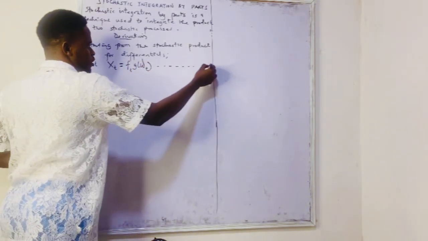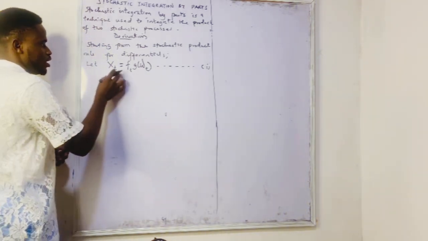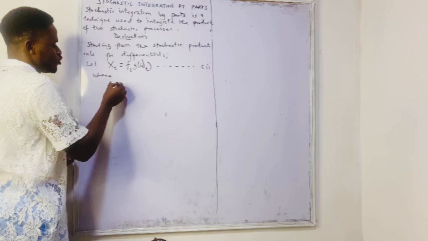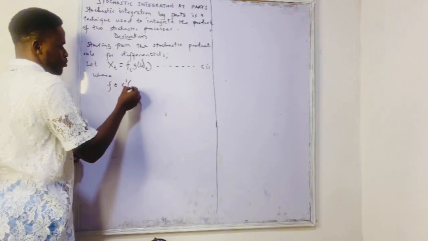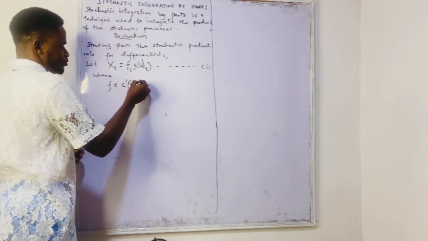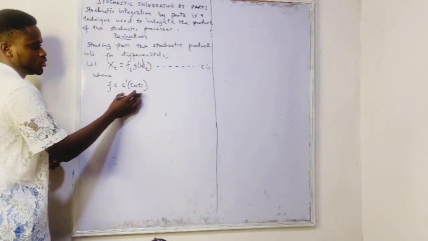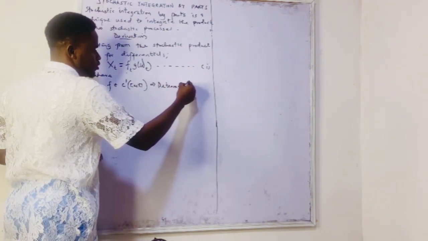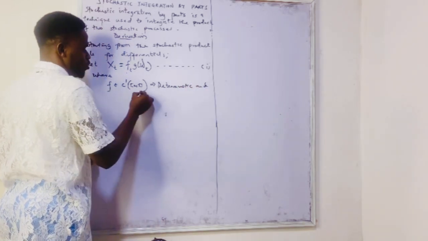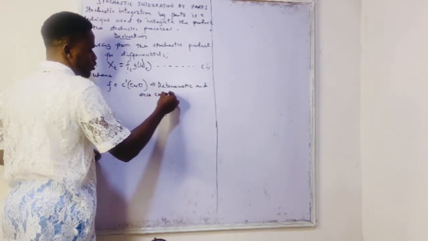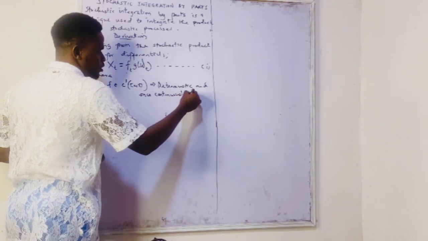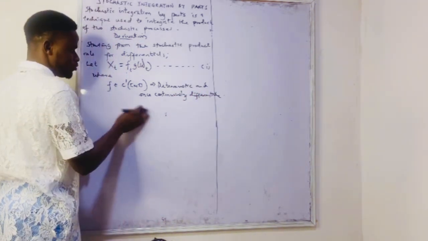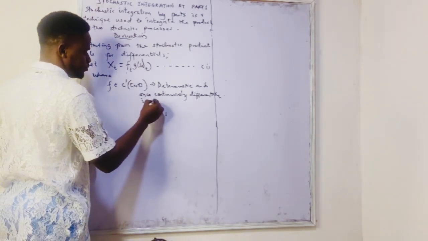Let's say this is equation 1, where our f is a C1 function, which means that f is deterministic and continuously differentiable in time.